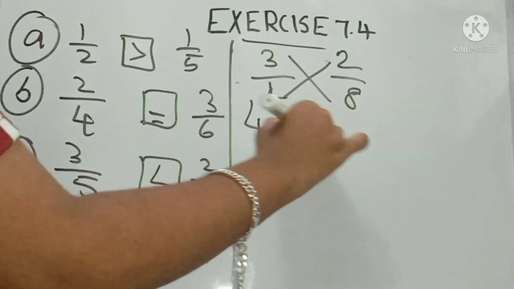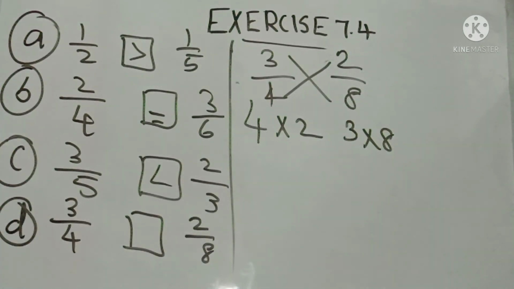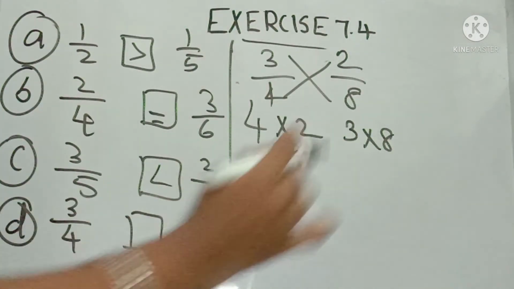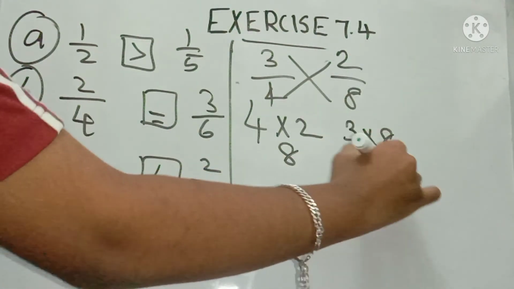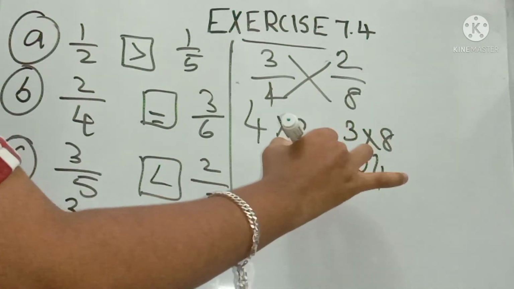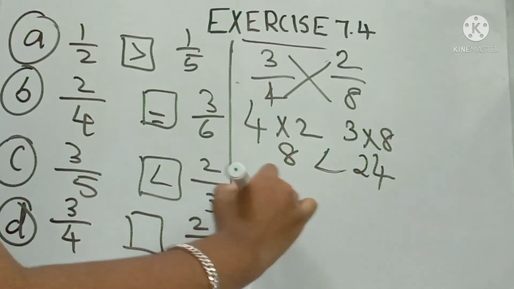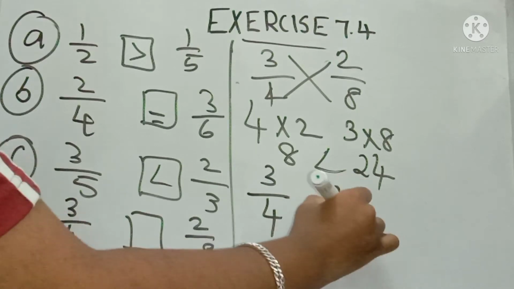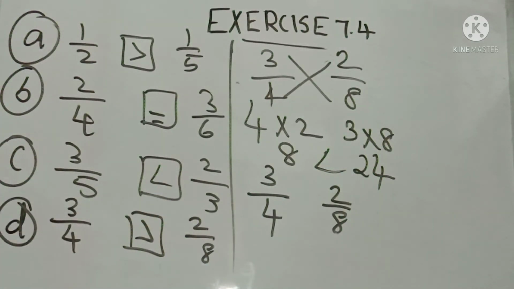Four into 2 നോക്കണം, 3 into 8 നോക്കണം. 4 into 2 എത്രയാണ്? 8. 8 into 3, 24. 24 is greater. So 3 by 4 is greater than 2 by 8. Okay. 3 by 4 is greater.